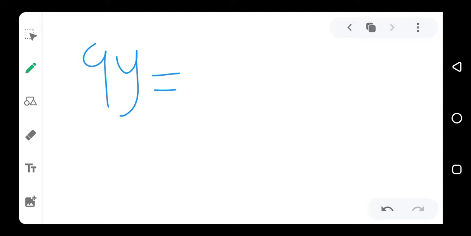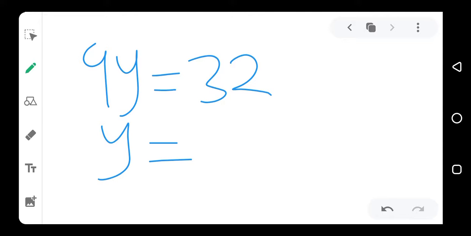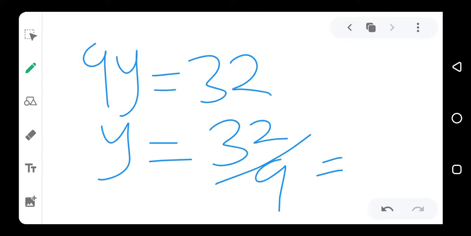And then our y is equal to 32 over 9, which is equal to 3.6. So y is equal to 3.6 when A is equal to 3 and x is equal to 4. That is the final answer. This is the answer to question number B.